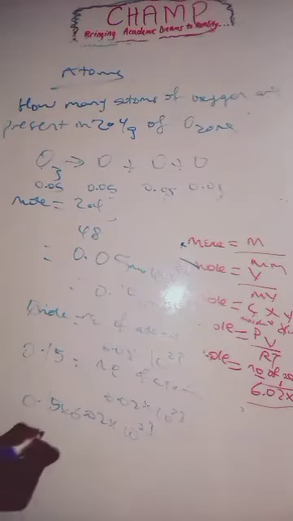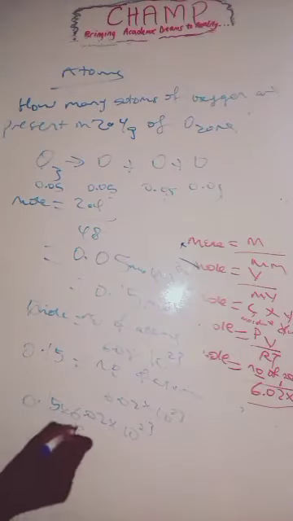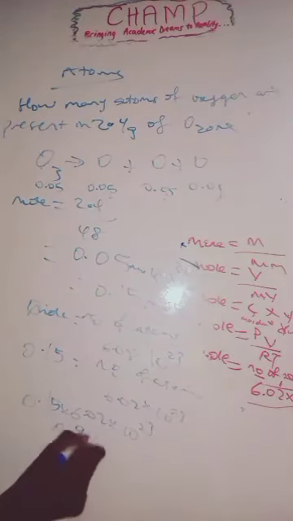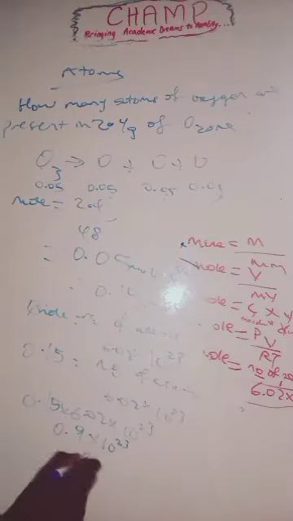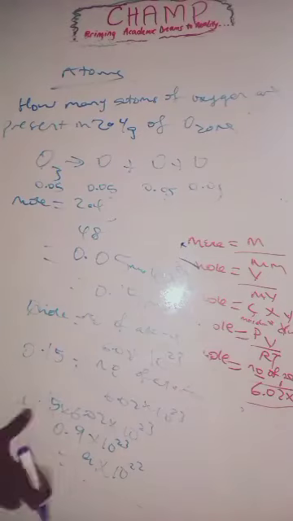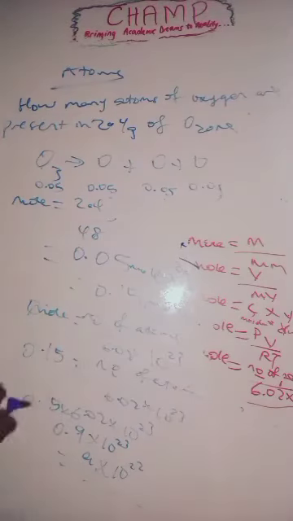If you solve this very well, you get what? This will give you around 9 times 10 to the power 22. Approximately. I did it offhand, so a calculator can give a more accurate answer. So that's just about atoms too. Let's just take a jam question on atoms before we move into the other cases of stoichiometry.